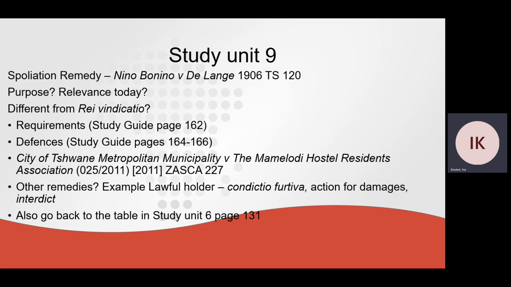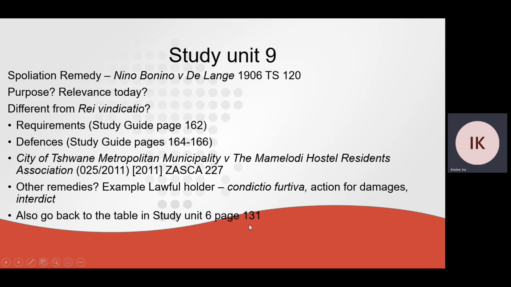Now, if you look there in the third column that says who can claim, do you see there when we talk about the rei vindicatio, who can claim? It's the owner that can use the rei vindicatio. If we look at the interdict, an owner can use the interdict, but a lawful holder can also use the interdict.